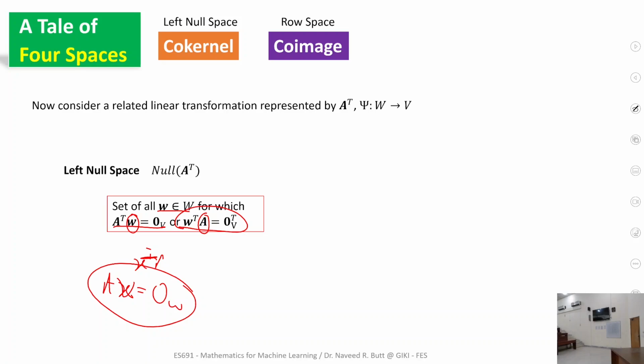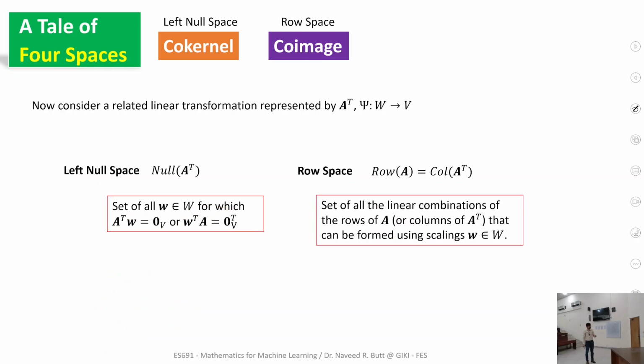But if you want to write the left null space, it's take a vector from W, w^T A, तो ये left से multiply हो रहा है, इसलिए बस इसको left कहते हैं, ठीक है, left null space. And in terms of psi it will be called co-kernel.